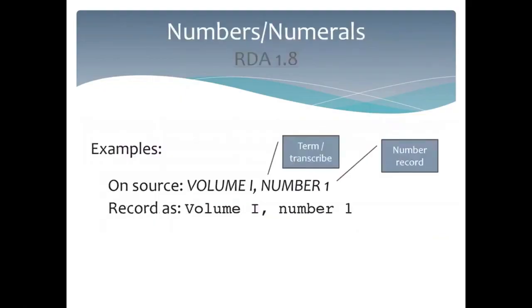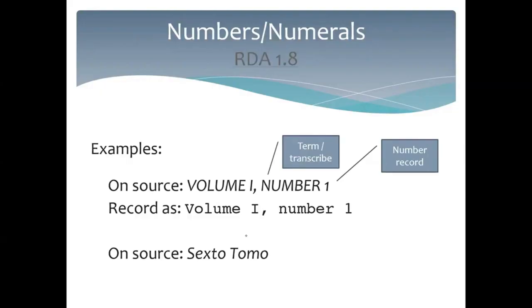And so here's a quick example of this. On our issue, we would have a volume 1, number 1, and we would record that as volume 1. So we just record that as it is, or volume I, we'd record it as it is, and then number, we're just going to record that as number.